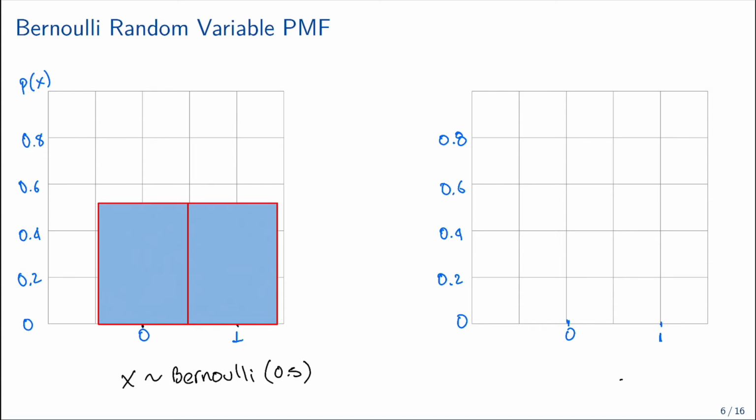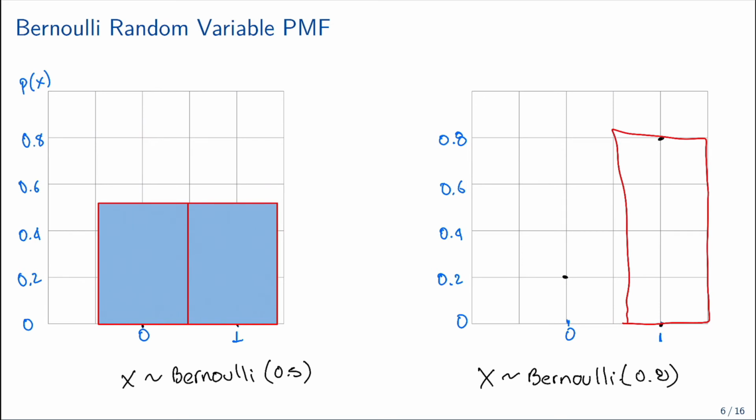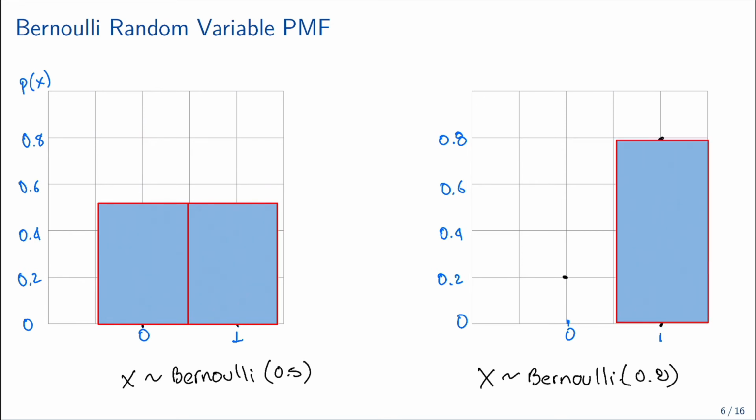Now, if we have X distributed as Bernoulli with probability 0.8, then that means that 1 will have a probability of 0.8 and 0 will have a probability of 0.2. So the two rectangles in our case are going to be something like this and something like this.